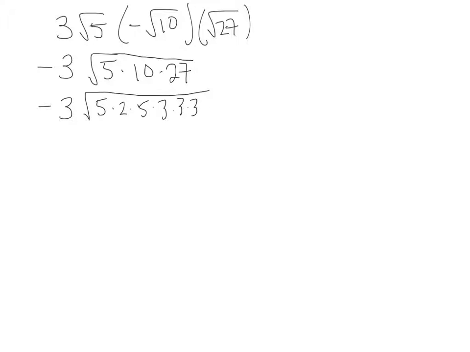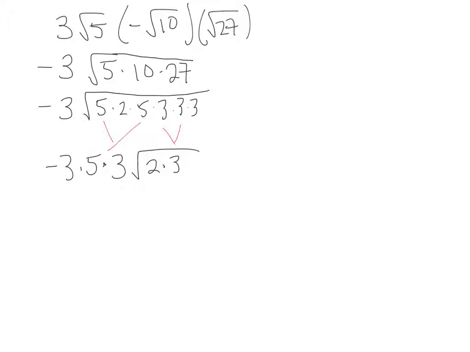So formally what we can do is we have a pair of 5's that we can pull out, and that's going to give us negative 3 times 5 on the outside. And we also have a pair of 3's that we can pull out, so that's going to give us times 3 on the outside. And we will have left on the inside a 2 and a 3 without partners.